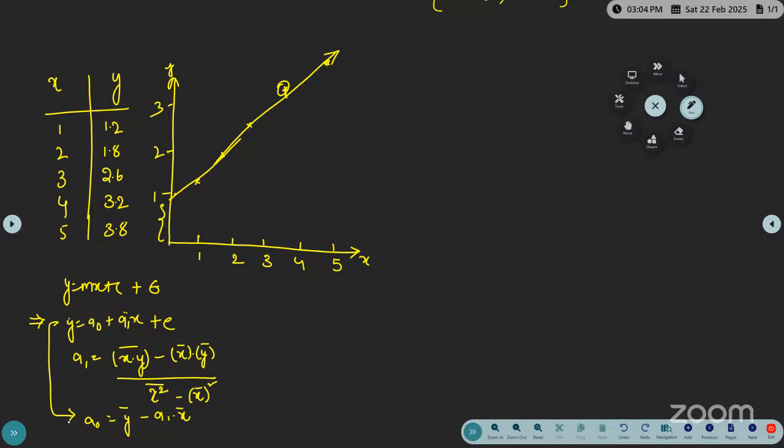Once we calculate the A1 value, we'll get all the values. And now if a new point is given to you, let's say 6, and you have to calculate this value, you'll have A0 and A1 to find Y. That's how we are going to predict. Also consider that we have an error here.